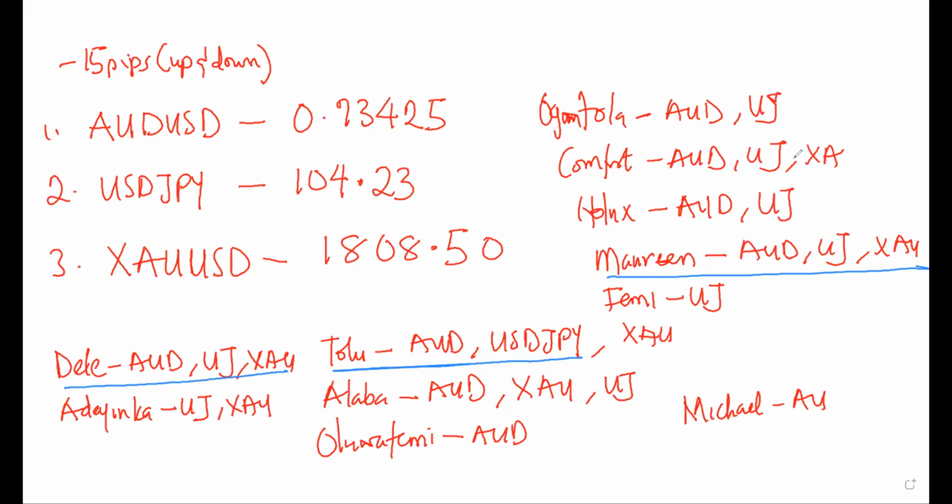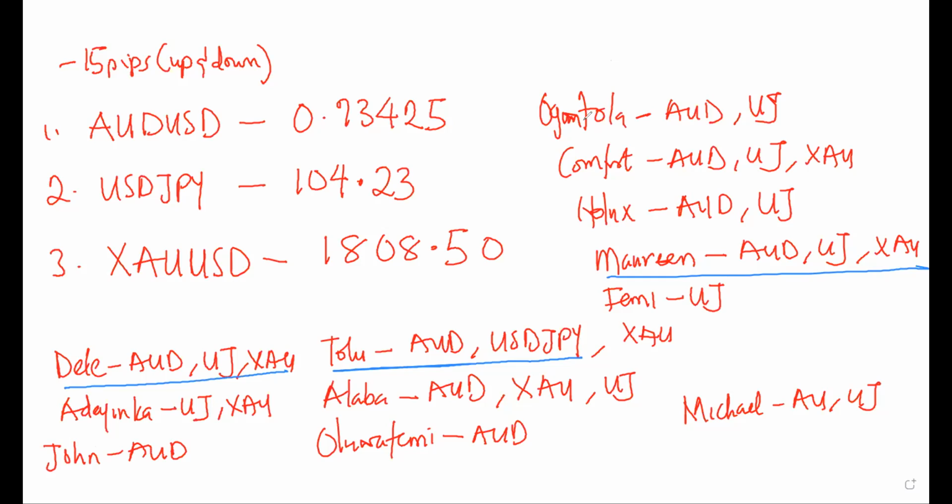XAU. That means you're done. Michael UJ done. Olox, you didn't get the calculation. Put in something there. John Samuel, AUD done. You've not done anything since, so John, AUD done.